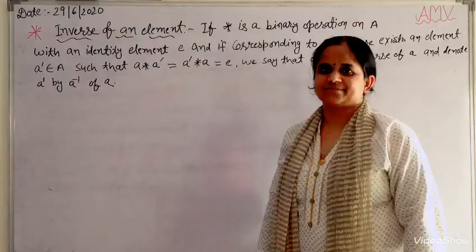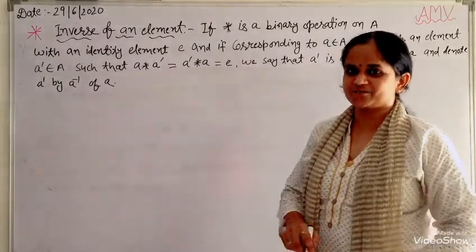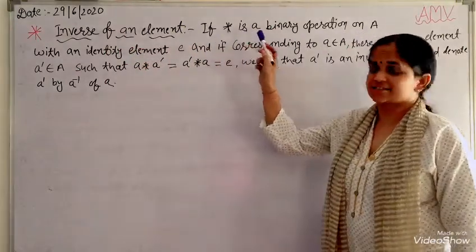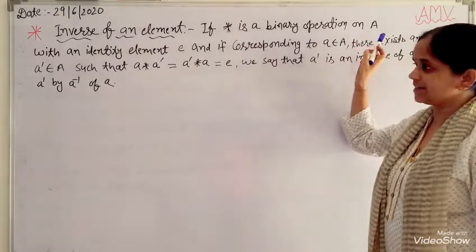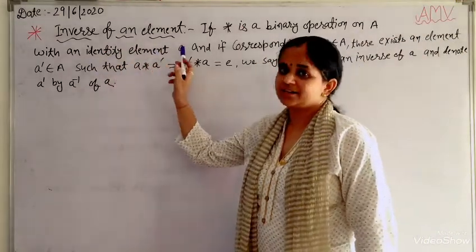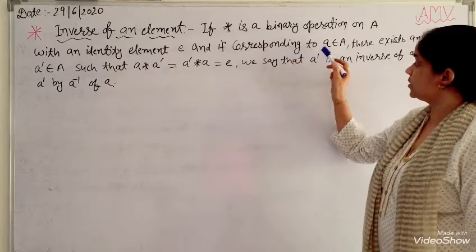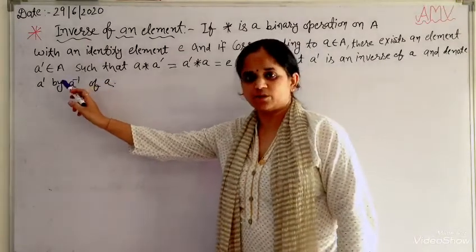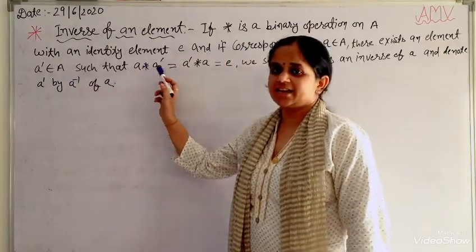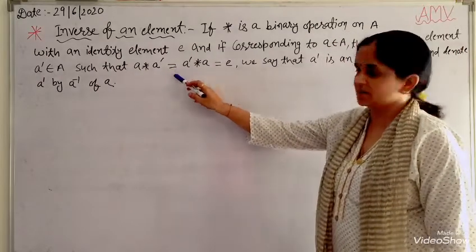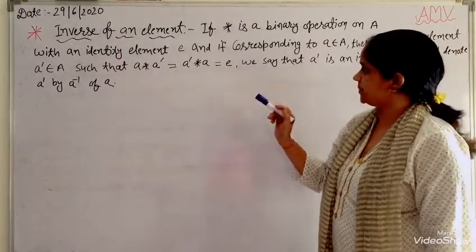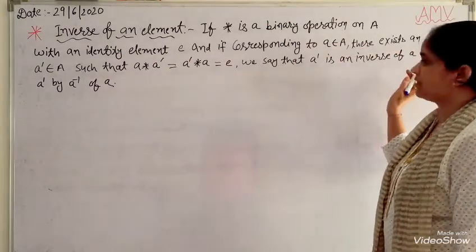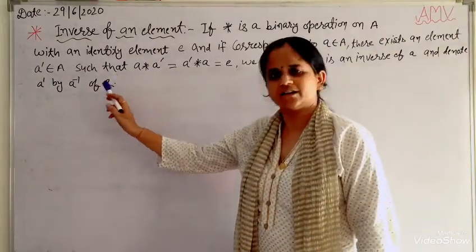Now, student, the last concept of this exercise is inverse of an element. If star is a binary operation on A with an identity element E, and if corresponding to A belongs to A, there exists an element A dash belongs to A such that A star A dash is equal to A dash star A is equal to E, where E is the identity element, we say that A dash is an inverse of A, and it is denoted by A inverse.